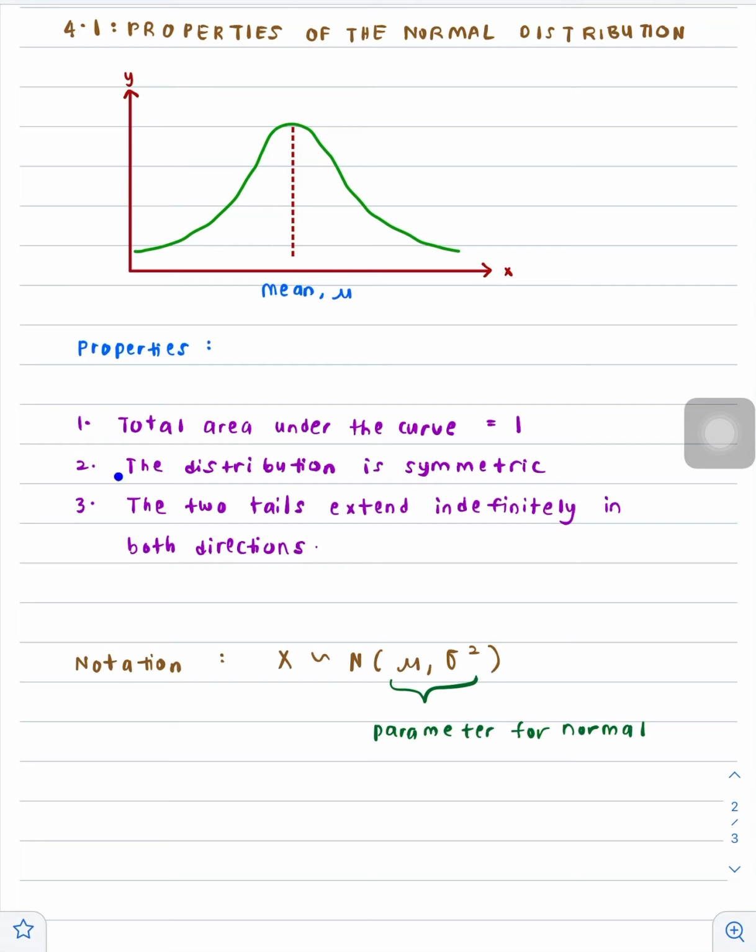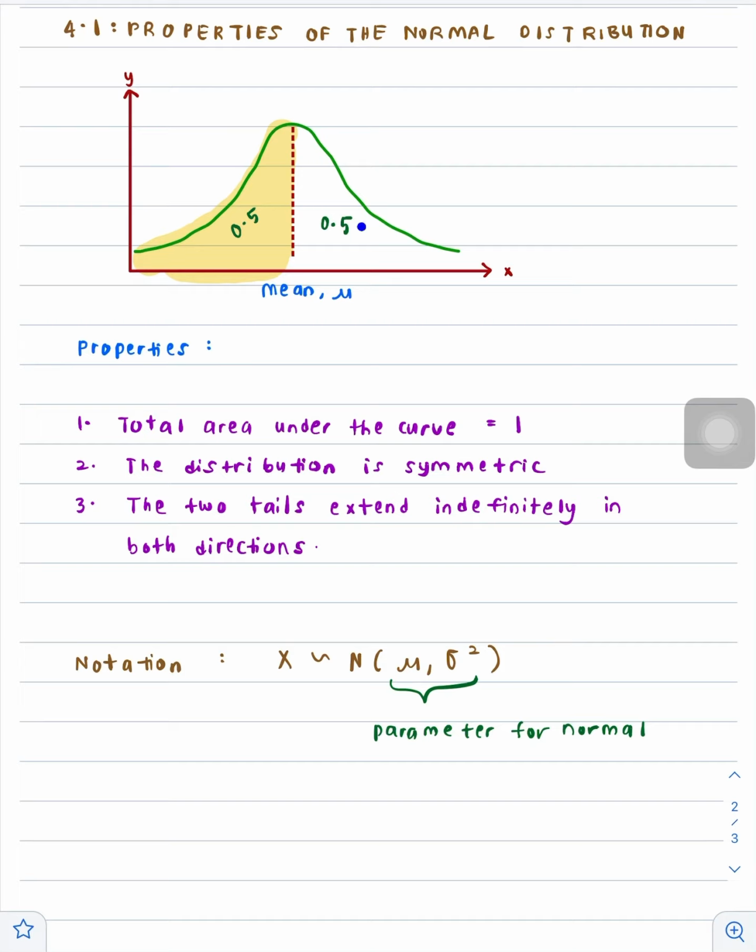The second property, the distribution is symmetric. Symmetric means that you have the same value, left side area and also the right side area. So the left side area here has the same value as the right side area, so this is equivalent to 0.5. So the right side area is also equivalent to 0.5.